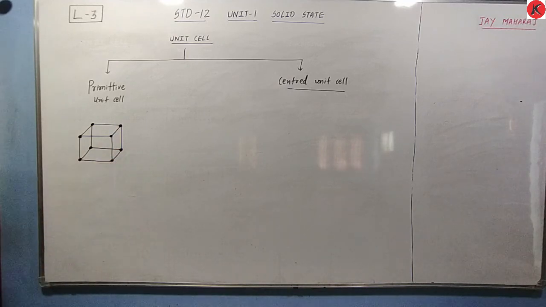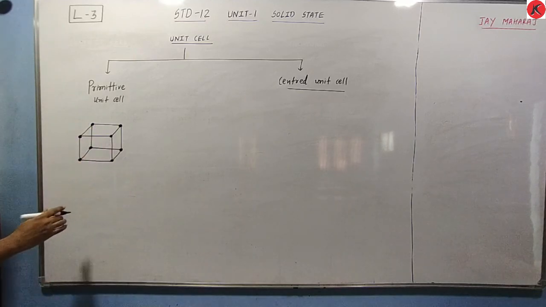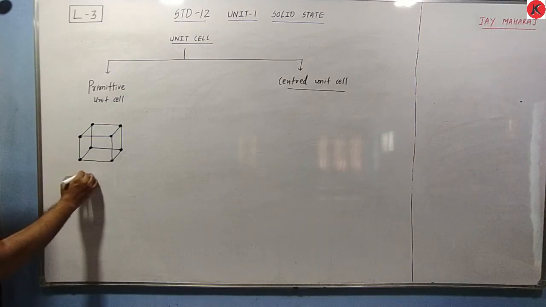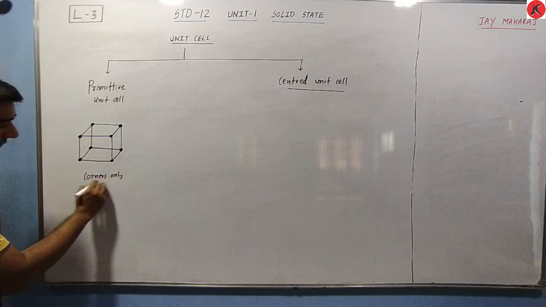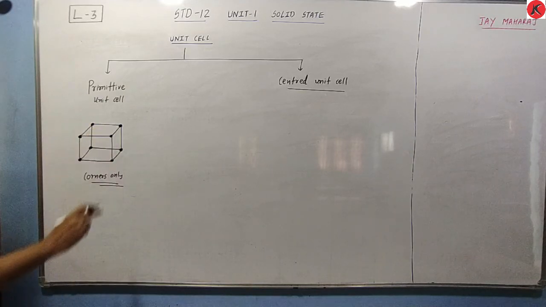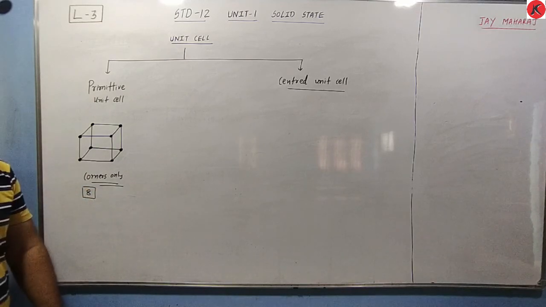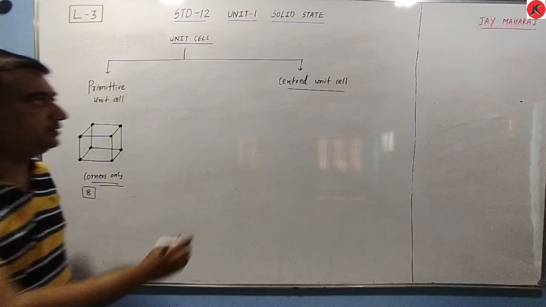This is the simple unit cell. Constituent particles are present at corners. These are 8 corners on which constituent particles are present, at corners only. This is known as the primitive unit cell.